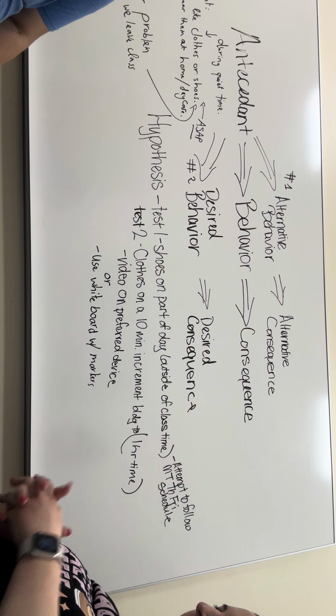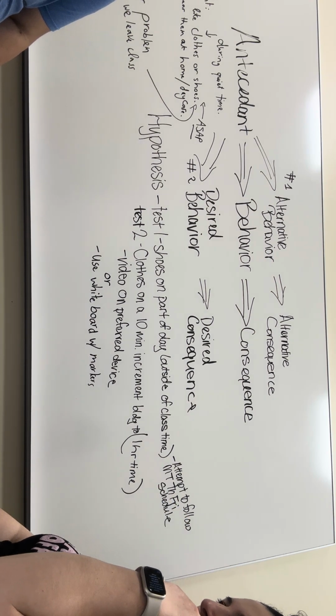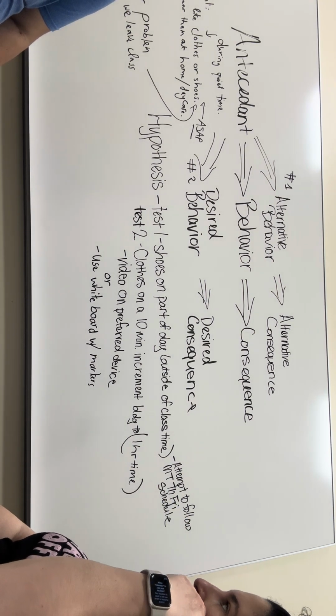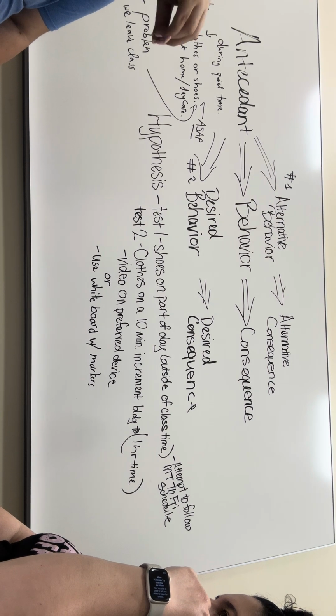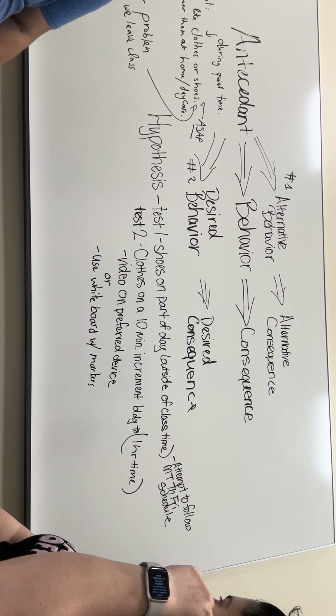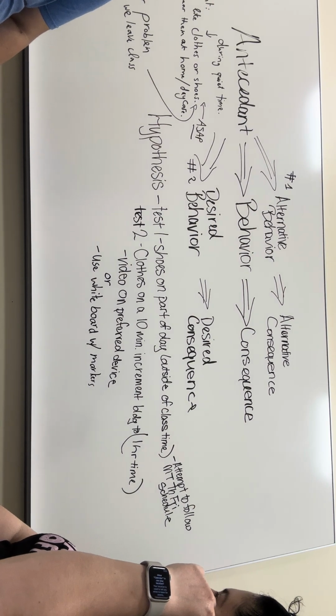I feel like he's demanding more attention than anything else. But this way, he gets preferred activities in addition to the time being used the way it should be used as well. Okay.